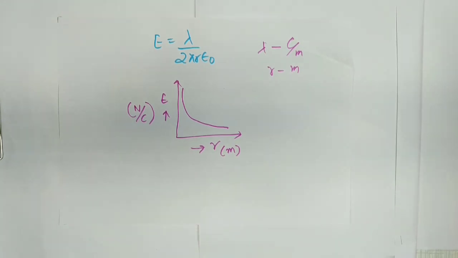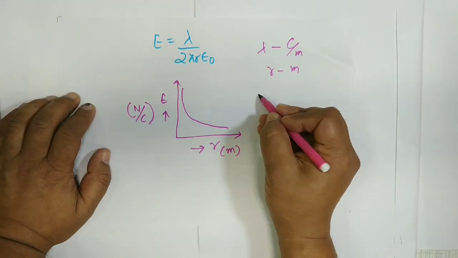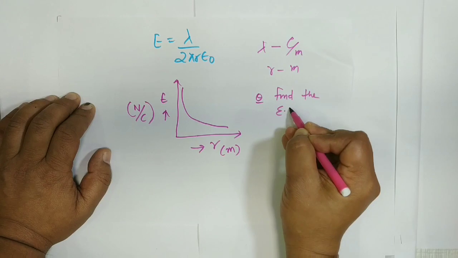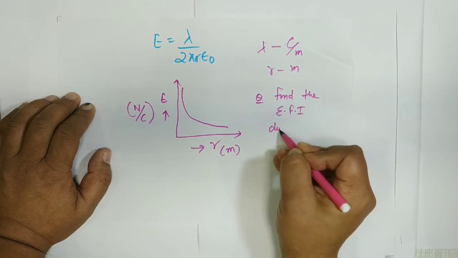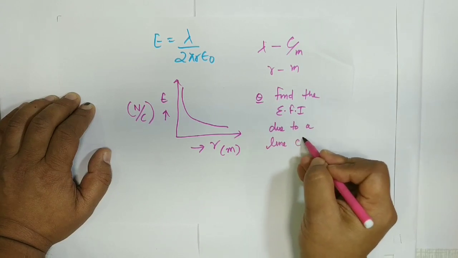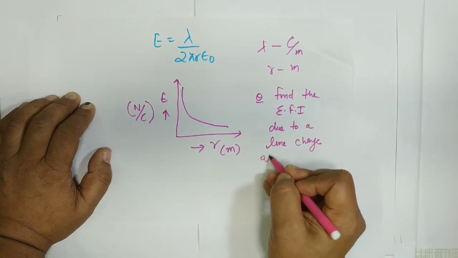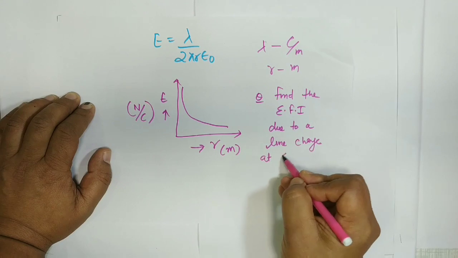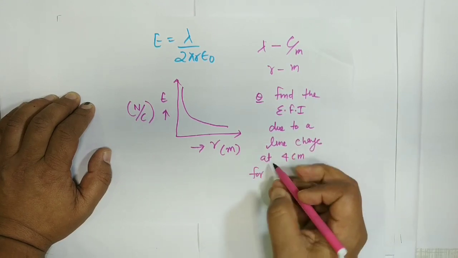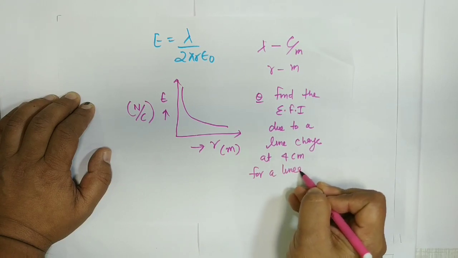So this is how the first application of Gauss theorem is given. And there can be a question: find the electric field intensity due to a line charge at, say, 4 centimeter for a linear charge density.